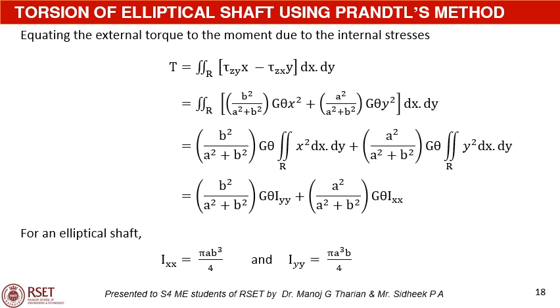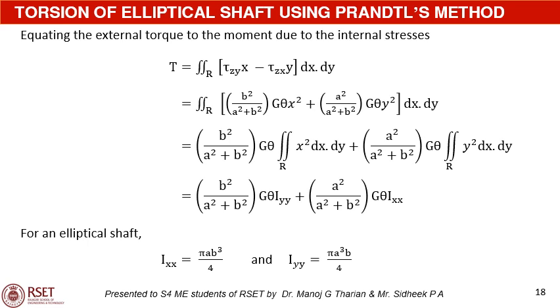Substituting for the stress components tau zy and tau zx, we get T = double integral over R of [b²/(a² + b²) Gθ x² + a²/(a² + b²) Gθ y²] dx dy, which is equal to b²/(a² + b²) Gθ double integral over R of x² dx dy plus a²/(a² + b²) Gθ double integral over R of y² dx dy.